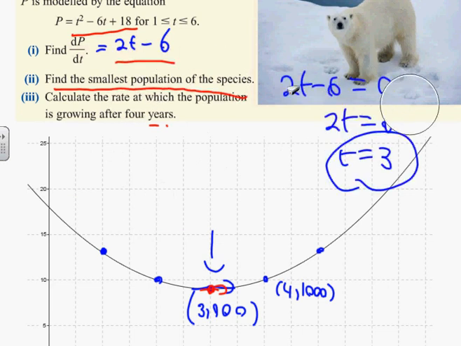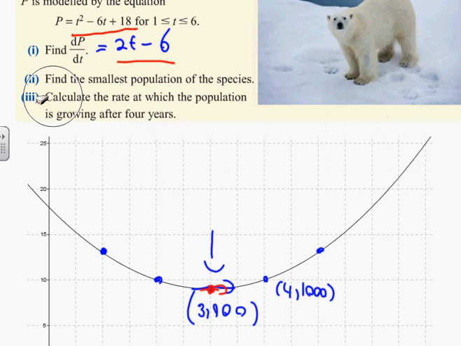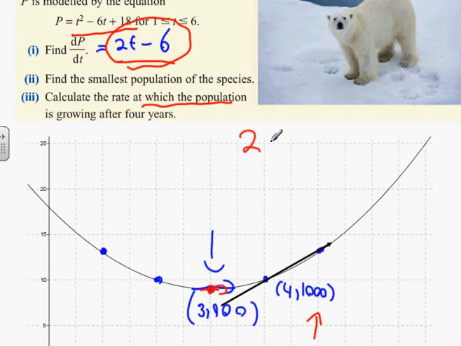We have to find the slope at t equals 4. The equation for slope is 2t minus 6. Replace in t equals 4. 2 times 4 minus 6, anybody? 2. That's not 2 though, it's 200. You are currently increasing by 200 polar bears a year at that point in time.